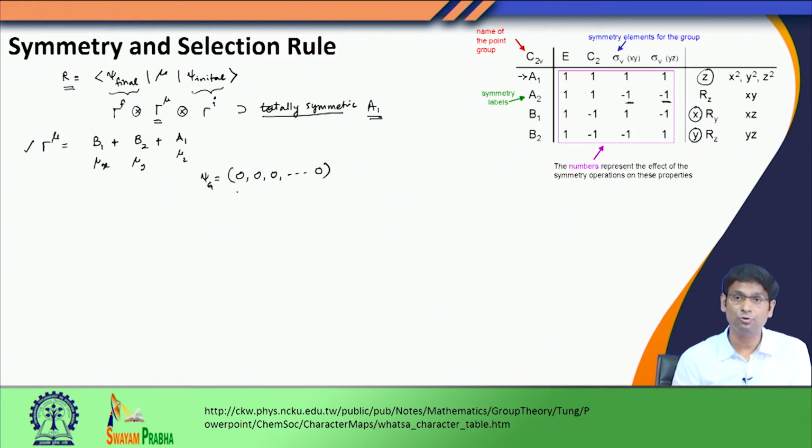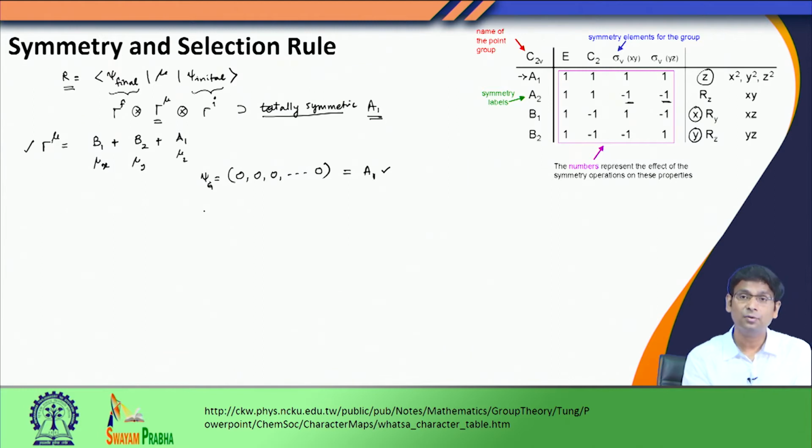So, this is the ground state of the polyatomic molecule, where along each mode the molecule is at the ground state. This representation has the symmetry of A1, the totally symmetric. Since it has no excitation along any mode, it has the symmetry of the totally symmetric.